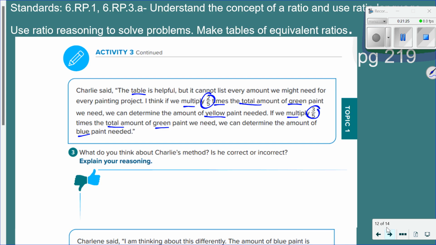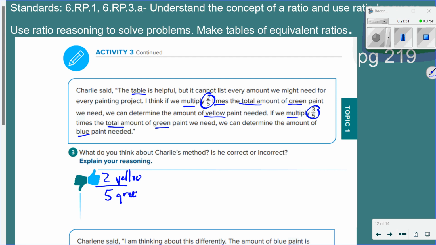Will that always work? Yes. He just made it a part to whole ratio. Now the key on this, you have to keep your parts straight. I need to understand that 2 is the yellow, 5 is the total green, and it's basically just an equivalent proportion, right? It's saying 2 of the yellow and 5 green.